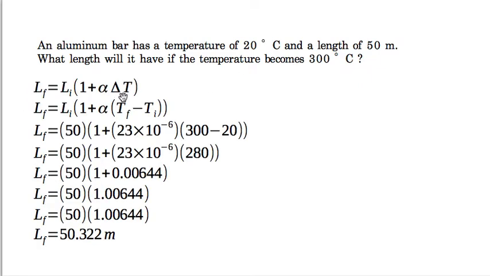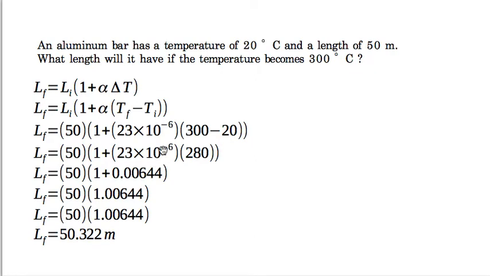We have this equation, which is LF equals LI times all of this. Delta T, you should change it to TF minus TI, or you can calculate it before. You just subtract 300 minus 20, which gives you this amount. And then you got to multiply by the thermal expansion coefficient, which in this case is 23 times 10 to the power of negative 6 because we have aluminum.